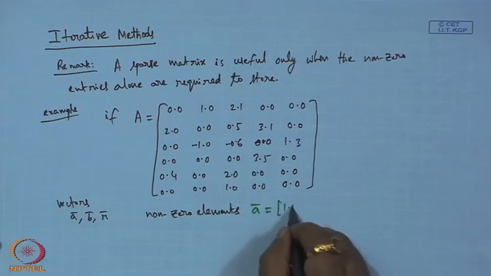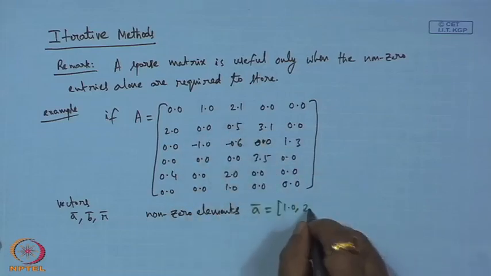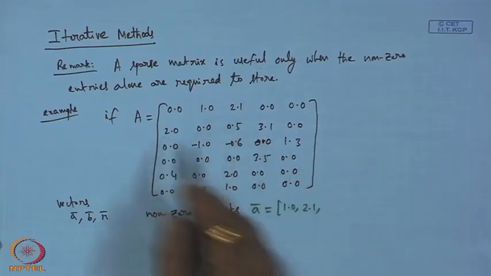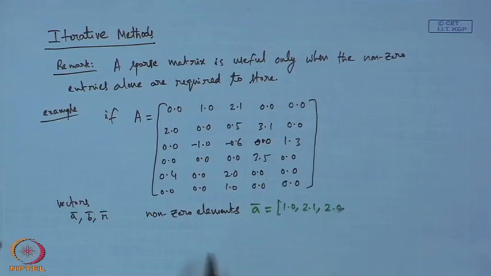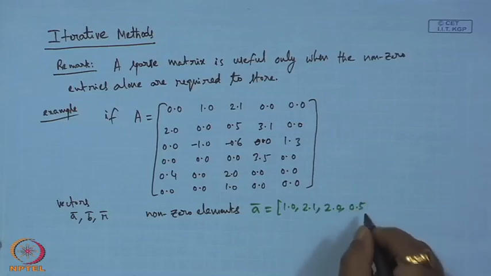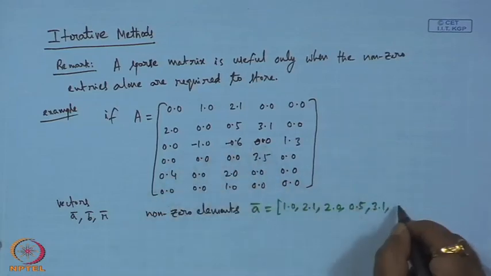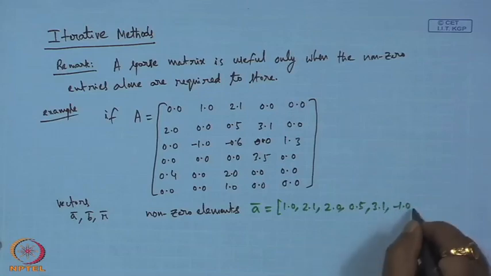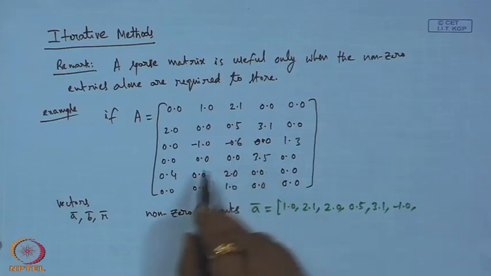This is 1.0, 2.1, then 2.0, then 0.5, 3.1.